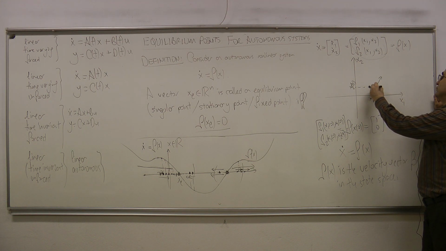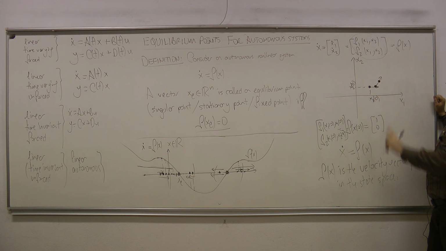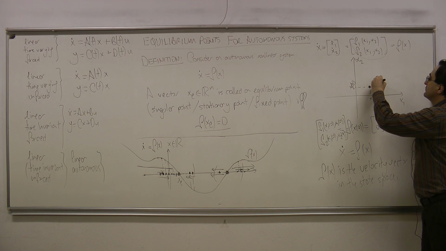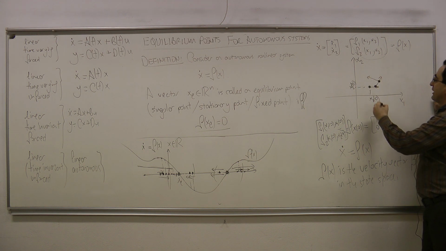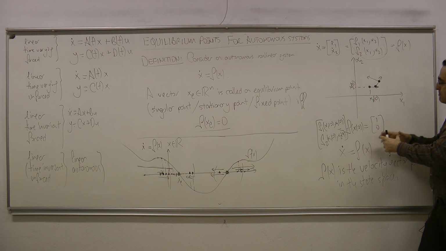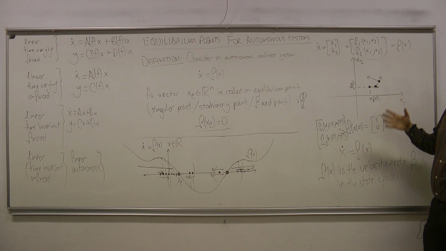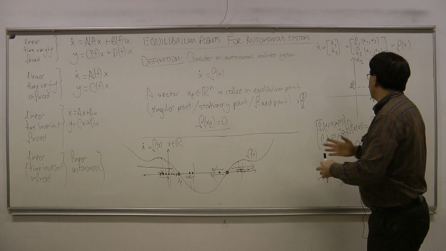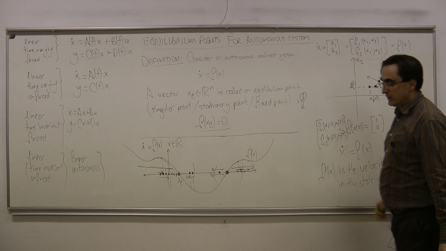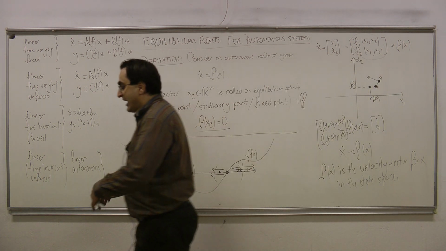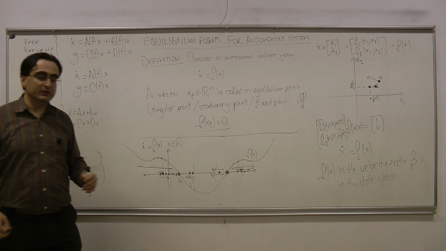Then I'm going to move in that direction infinitesimally, and then check what f is. That is going to give me just another direction. The magnitude of f might be larger or smaller. That means the magnitude of the velocity, so how fast x is going to move in that direction.